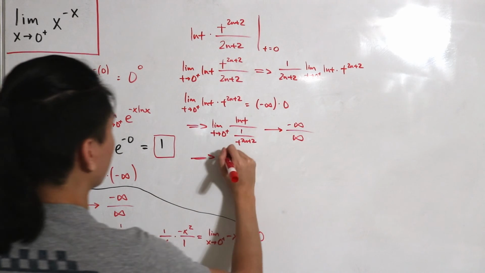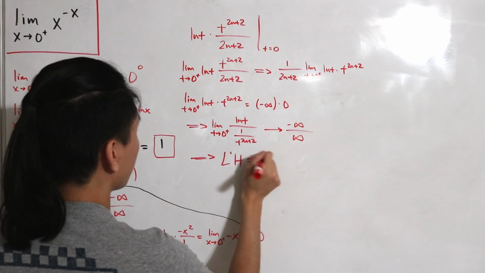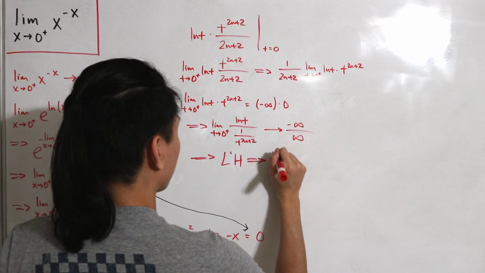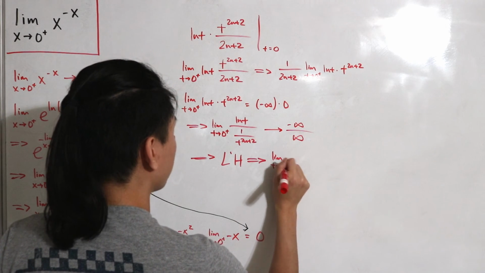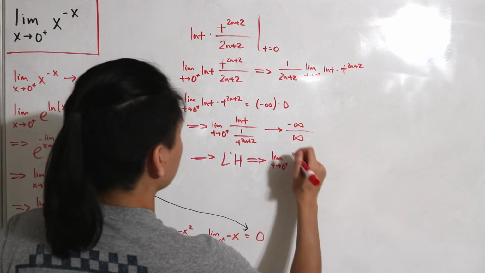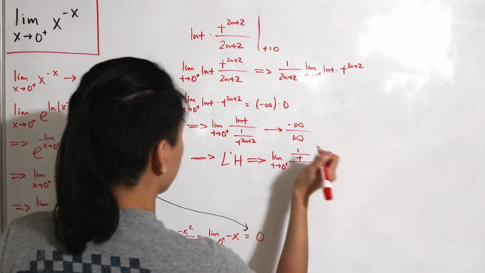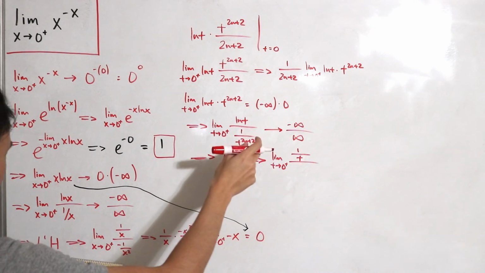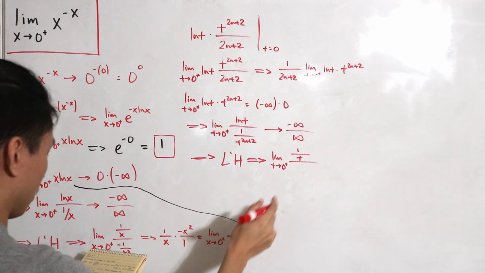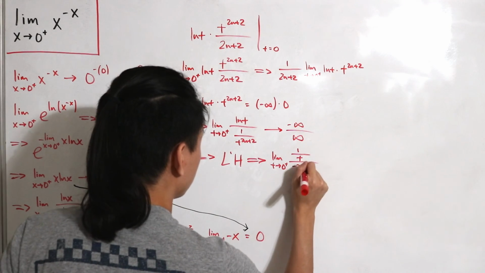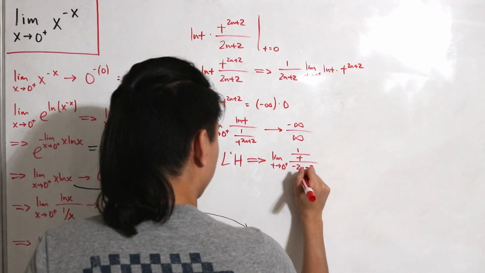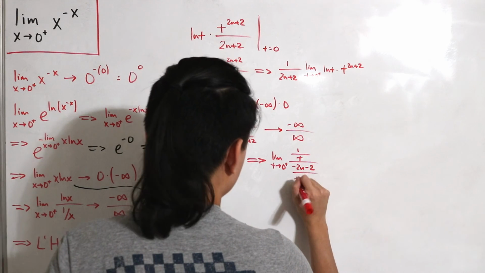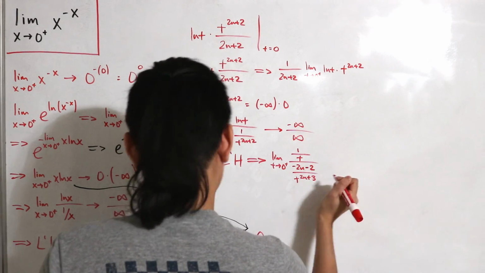So we can apply L'Hopital's rule and take the derivative of both the numerator and denominator. We have 1 over t, divided by the derivative of the denominator. I'll rewrite this as a negative exponent, and if you solve that out, you get negative 2n minus 2, divided by t to the 2n plus 3.